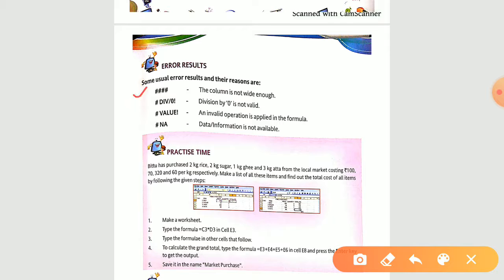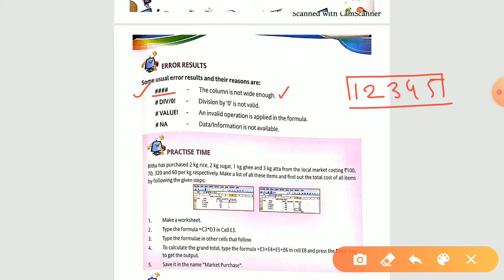See, the first one is a hash, four times hash. Now, when are we going to see this kind of error? When the column is not wide enough. Say you have written something like 1 2 3 4 5. The width allows only 5 digits to be written here, right?